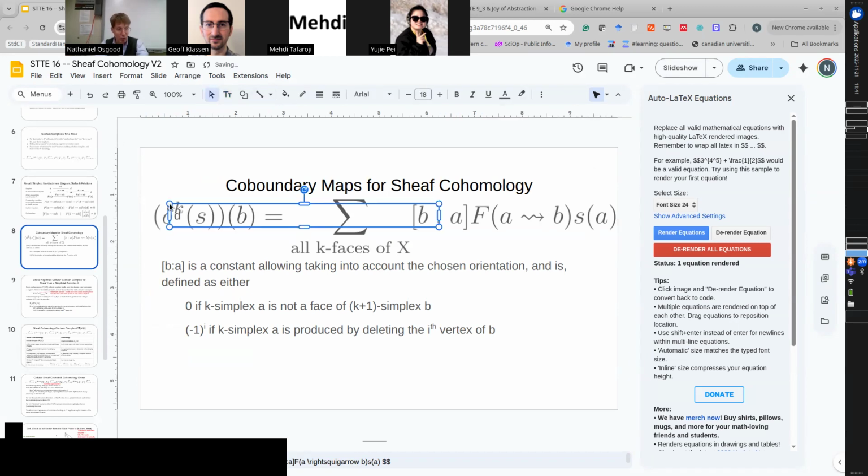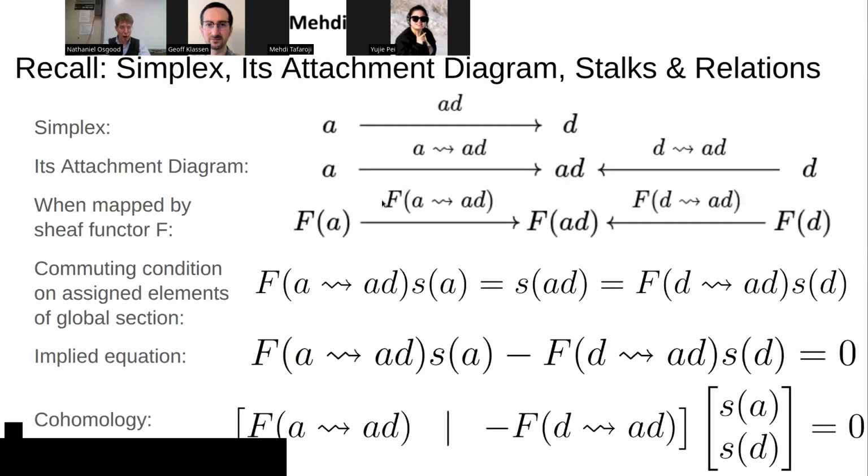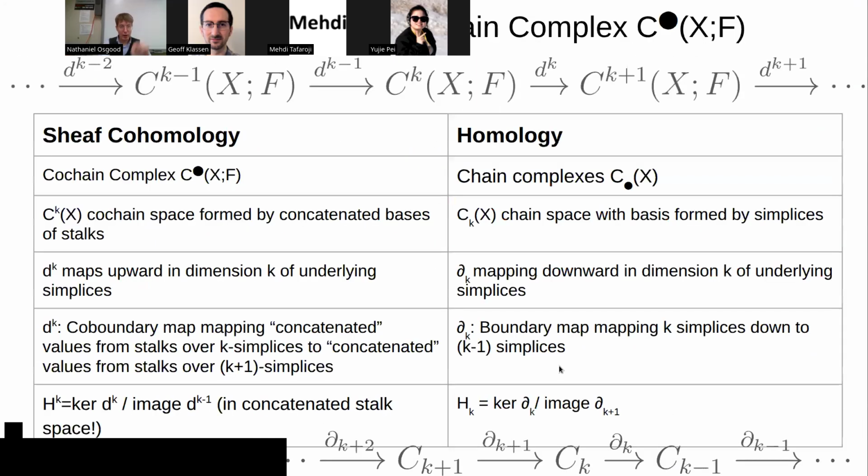I'm going to follow Robinson and call it D, just so I'm consistent. Robinson uses delta for simplicial cohomology, but in any case, you can think of this as D. So what does this mapping look like? I'll tell you what it looks like.